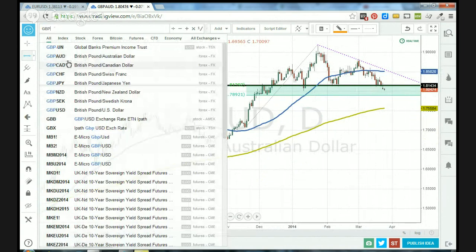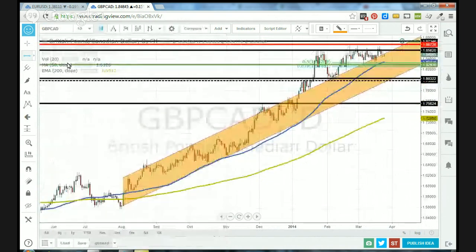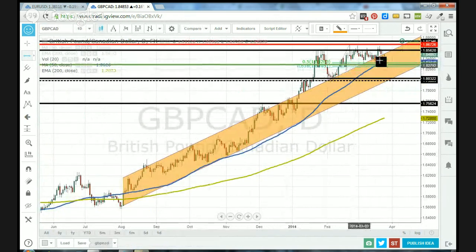Pound Canada. We also have a bearish checkmate here. A range. This looks like a potentially interesting short.